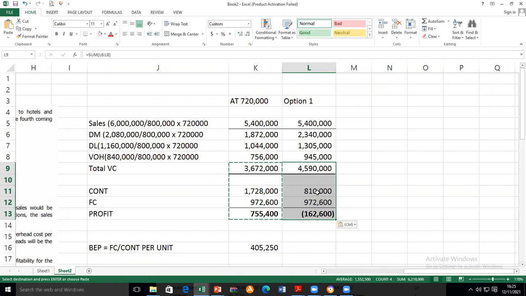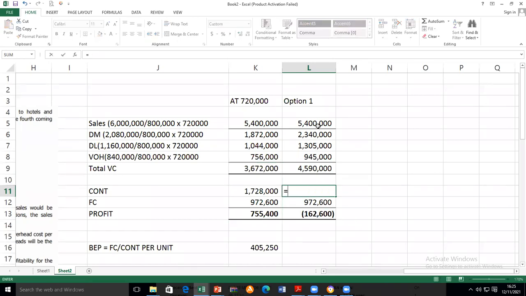I think the sales should go up, looking at the increase in the quantity sold. Because we're no longer selling 720, it will be 720 plus 25%.